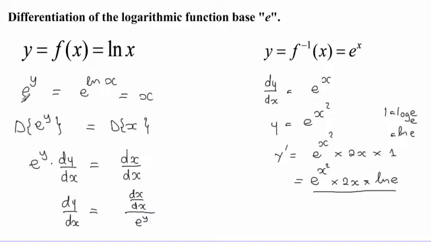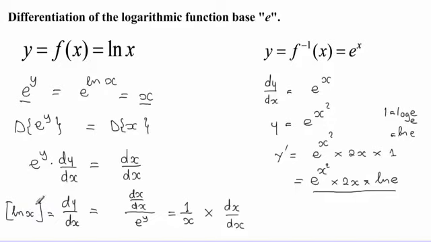But we've seen here that e to the power y is x, so we can rewrite that as 1 over x, and note that x is the argument of our ln function. 1 over x multiplied by the derivative of x. That way I can say we have arrived at the derivative of ln x.